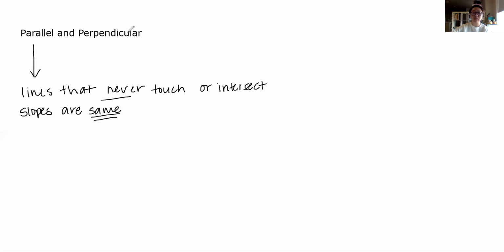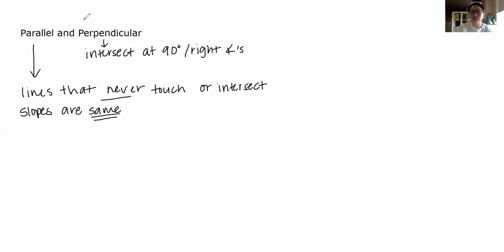Okay? Now, perpendicular is a little different. Remember that perpendicular lines do intersect, but they intersect at 90-degree angles, or right angles. That's very specific about perpendicular.